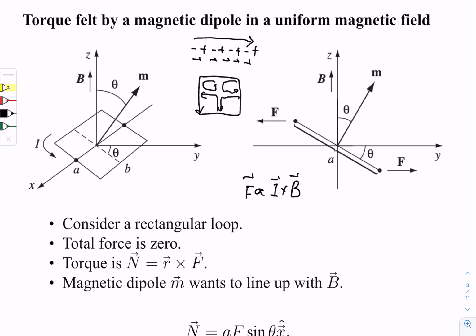If you look at the force along all these 4 segments, the force along the segment here, if you try to determine the direction, will be I cross B going up.